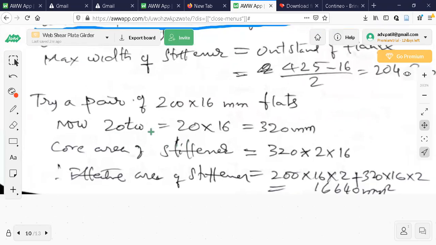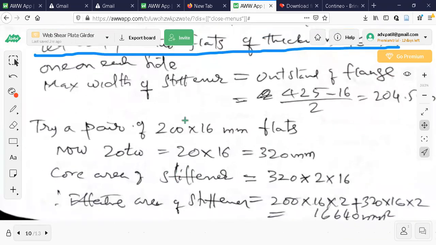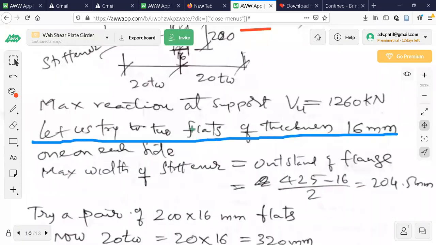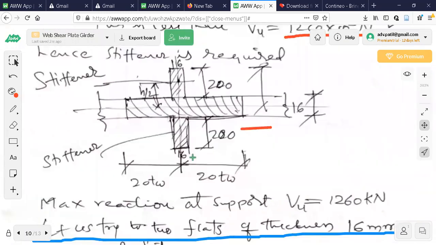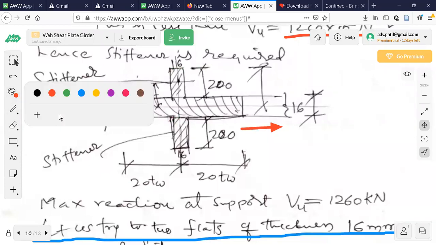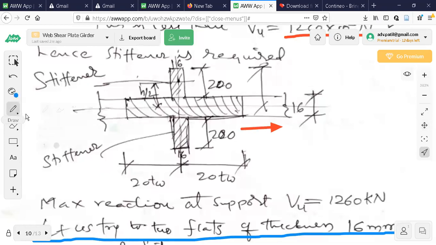So 20 times tw. Some portion of the web also resists, see this, some portion of the web also participates in resisting this shear. So what I have done is, these are the plates, two plates on either side.